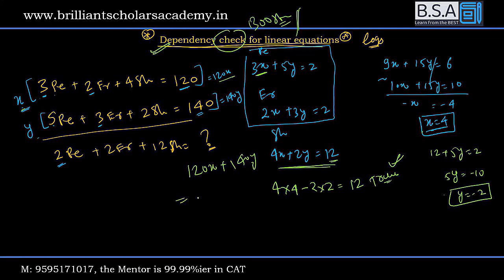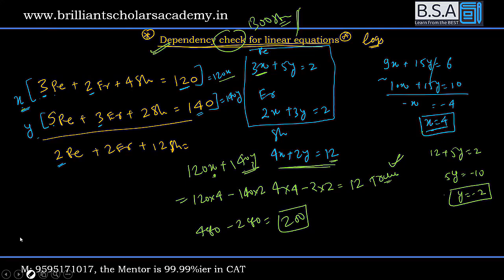So the final bill will be: put 4 here, 120 into 4, 480. Put minus 2 here, that is 280. So you will have to pay a bill of 200 rupees.